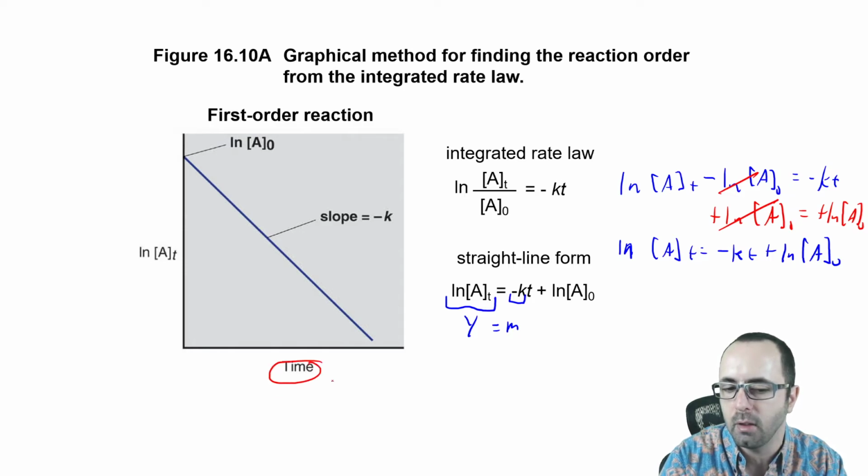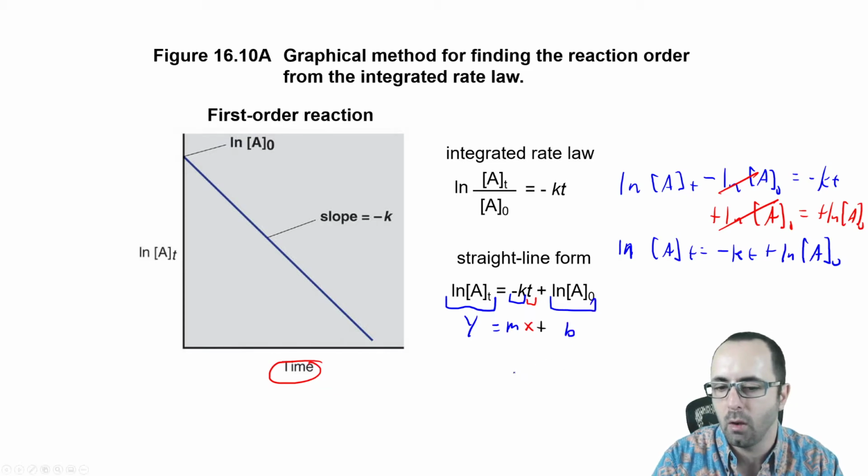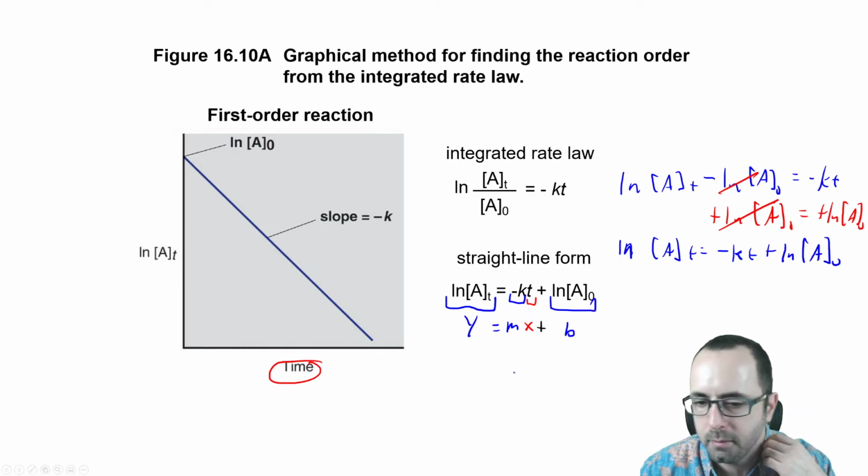That's the time, so this time is x. And now plus the natural log of A0, A at time 0, the initial concentration, that is b. y equals mx plus b.